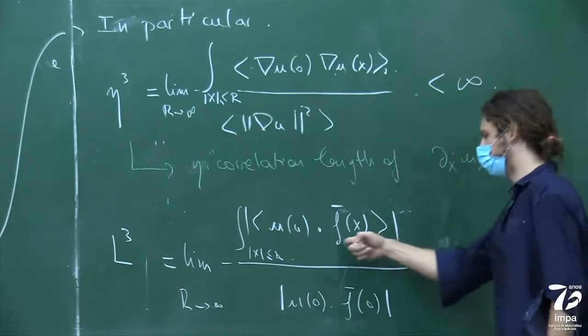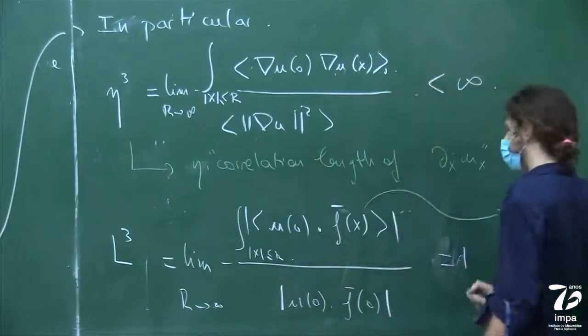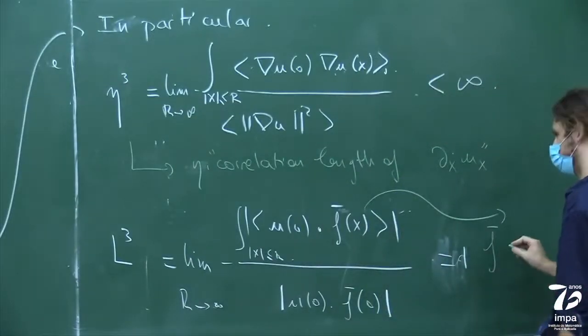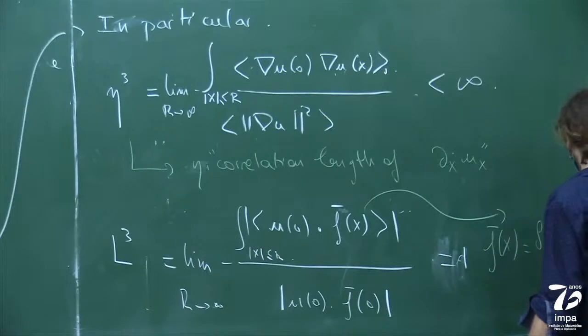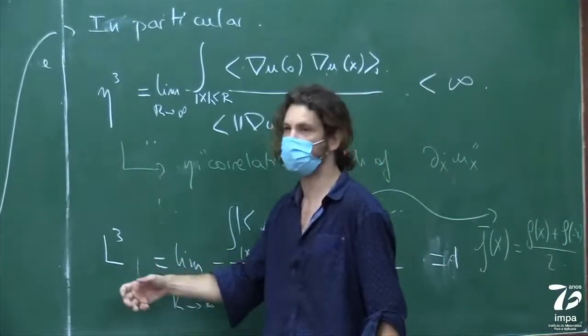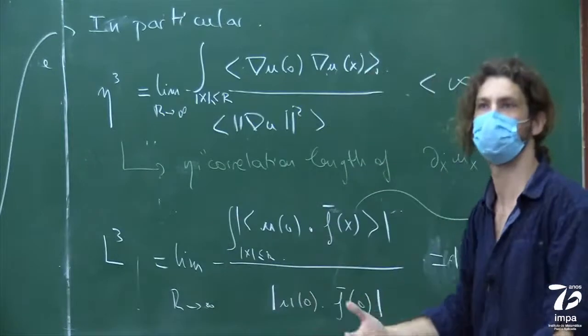And I just need to define what is f bar. f bar is simply f of x plus f of minus x divided by 2. This is technical, but basically, this represents the correlation length of the applied force.